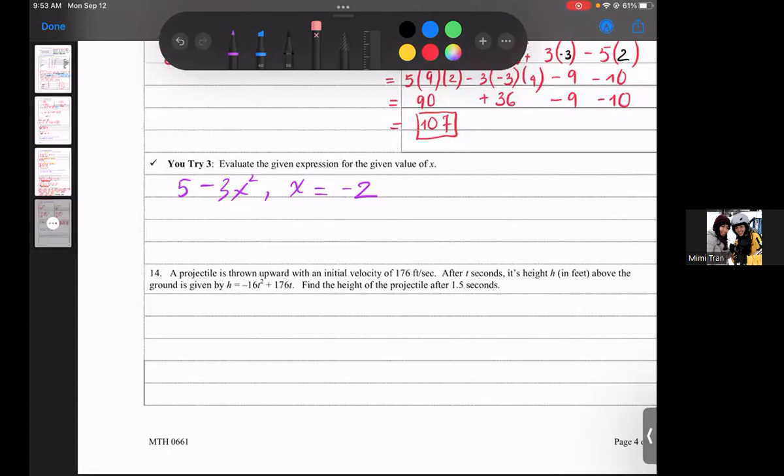After t seconds, its height h in feet above the ground is given by the equation h equals, by the way, this is a function of t, so basically h of t equals negative 16t squared plus 176t. Find the height of the projectile after 1.5 seconds.